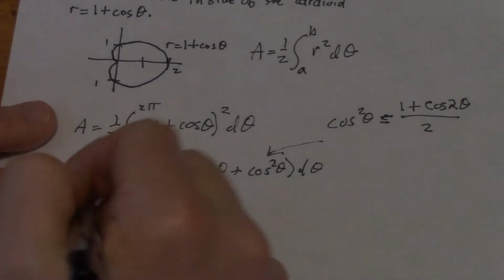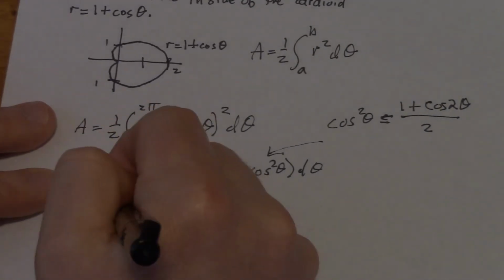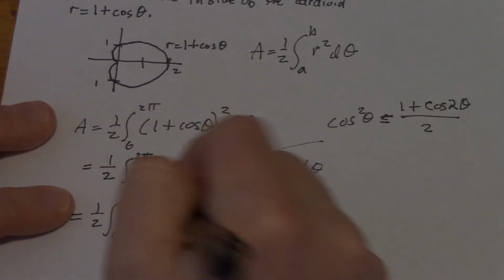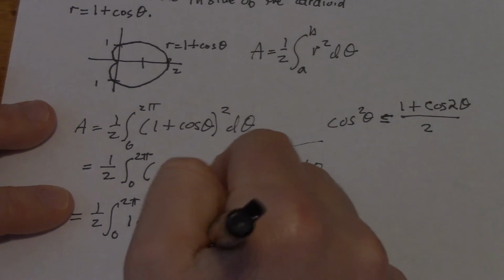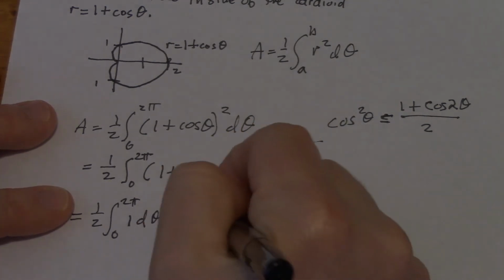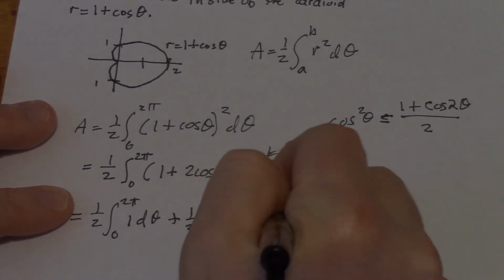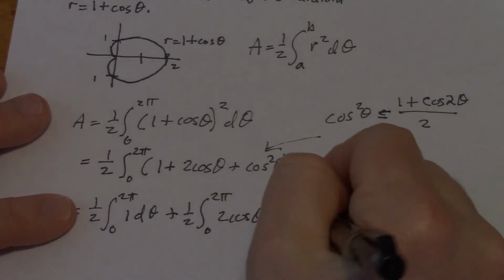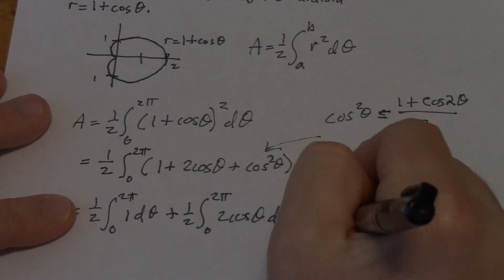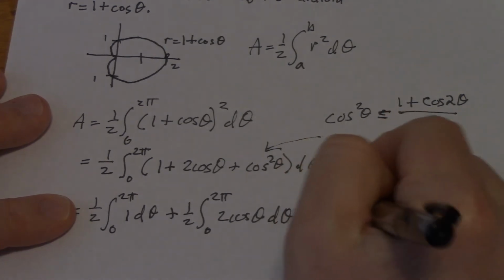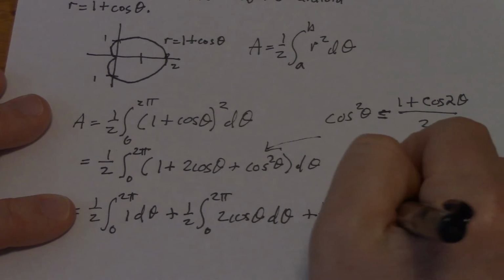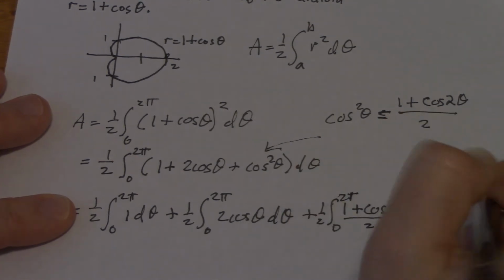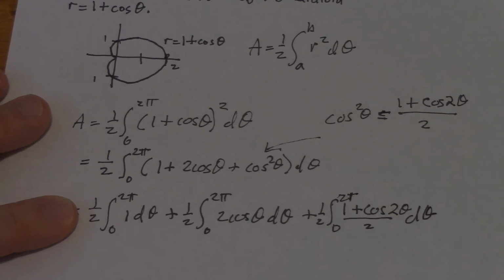Okay, so we have 1 half integral from 0 to 2 pi of 1 d theta plus 1 half integral 0 to 2 pi of 2 cosine theta d theta. Okay, and then plus 1 half integral from 0 to 2 pi of 1 plus cosine of 2 theta over 2 d theta.